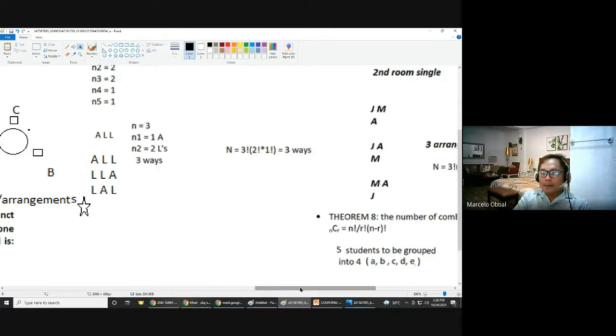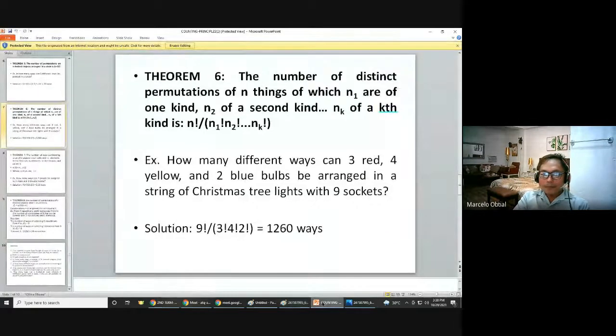Okay? Now, next. What if ganito yung ating example? How many different ways can 3 red, 4 yellow, and 2 blue bulbs be arranged in a string of Christmas tree lights? So, meron siyang kind in terms of colors, no? So, use the formula directly. First question, ilan bang bulbs?